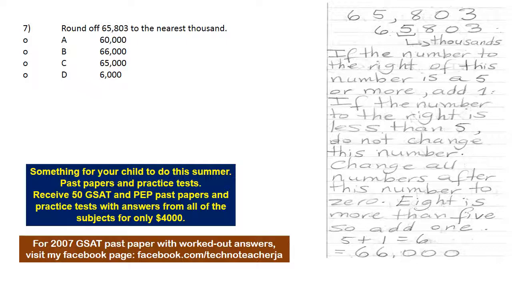Next, look at the number beside it. That is the next smaller number, which would be the number in the hundreds position in this case. So you have hundreds and then thousands. Look at the number in the hundreds position now.